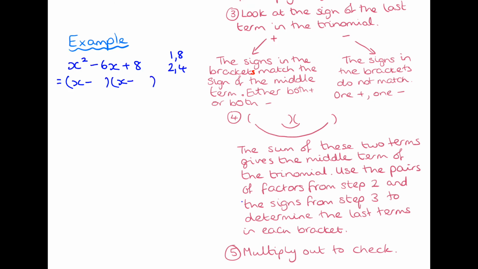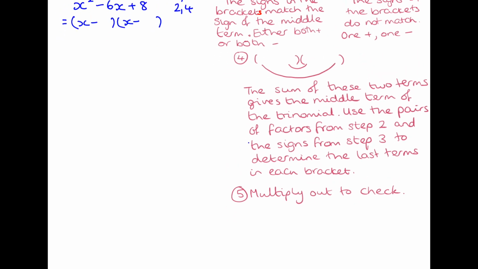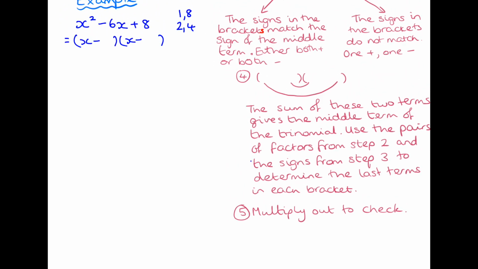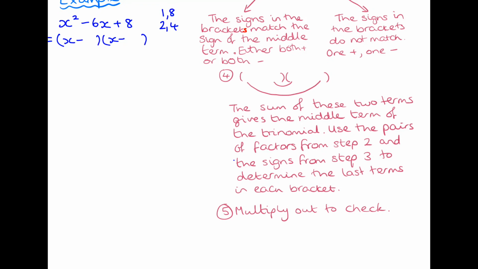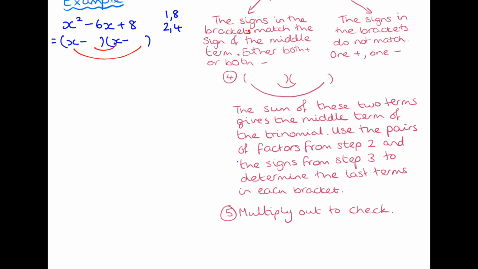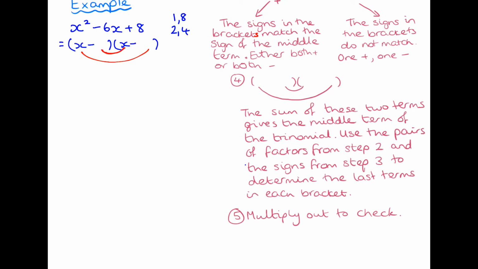Okay, then on to step 4. So we need to look, remember, at this combination and think about that combination. And it's this times this, add this times this, needs to give us minus 6x. So let's have a look and see if we put 1 there and 8 there, see if that would work.